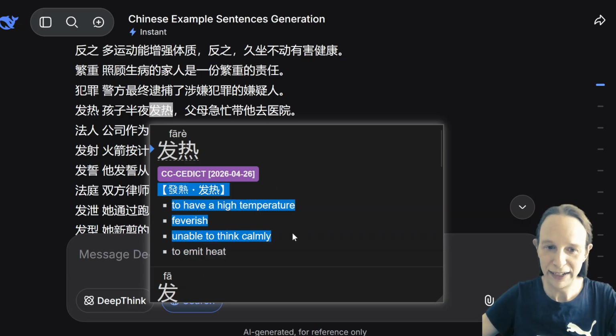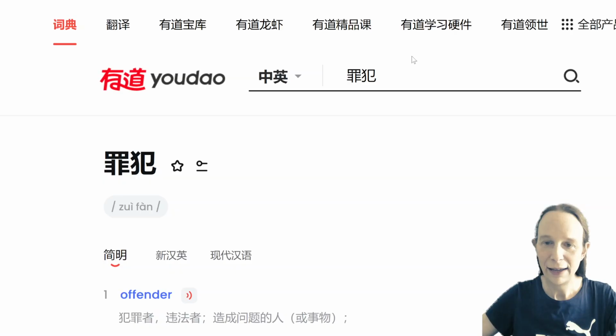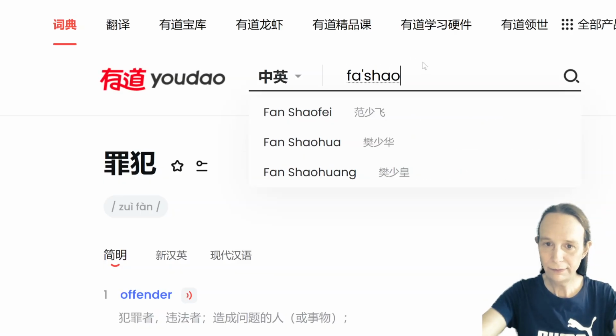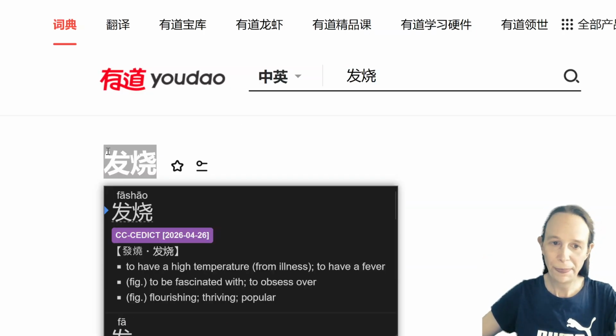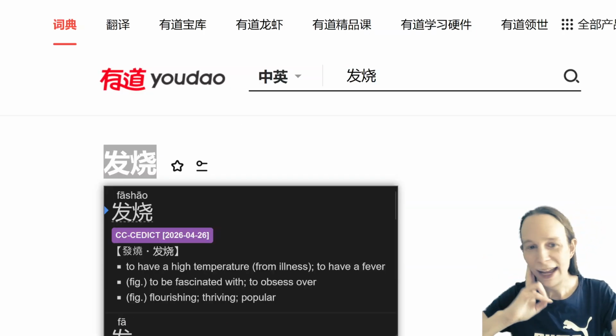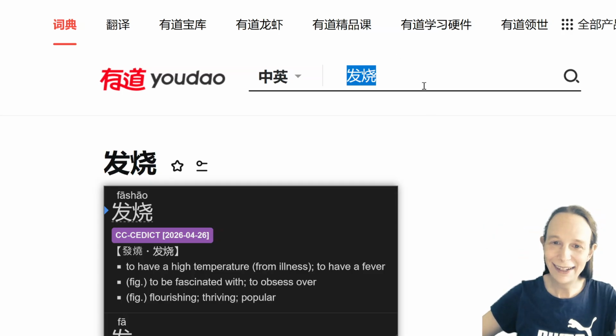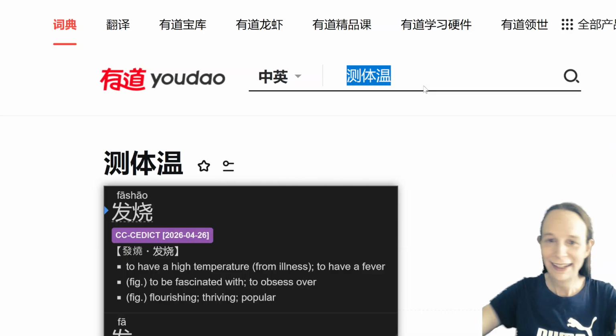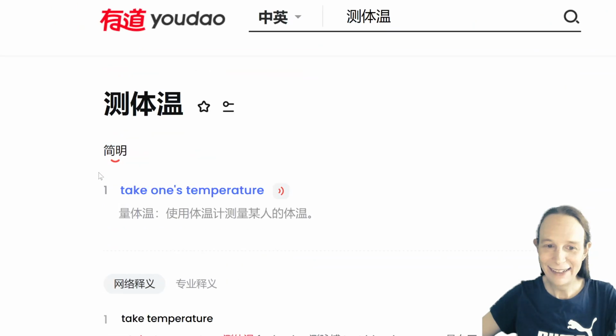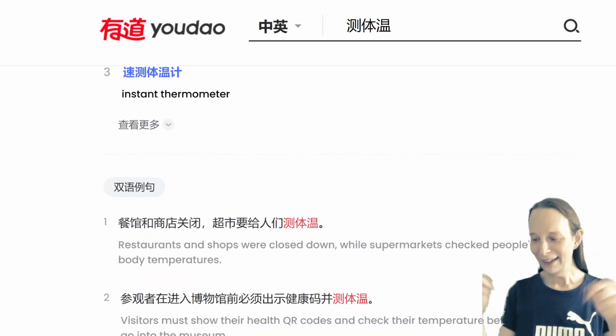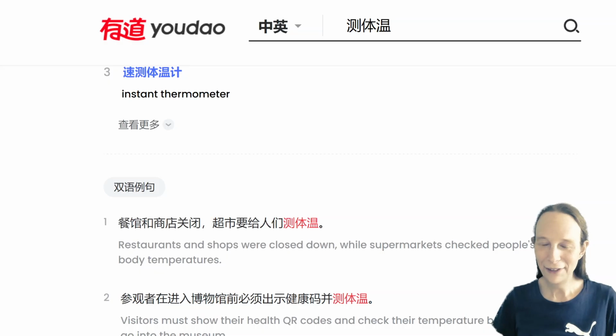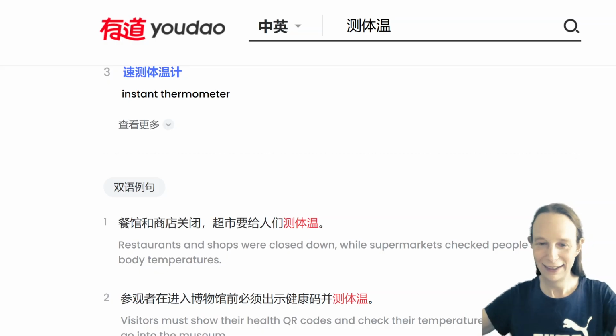But yeah, feverish, high temperature. 发烧. This one came up a bit during COVID when you get tested. 测体温. In COVID, they would test your temperature. 测体温. 想知道你有没有发烧. All right. 发热.